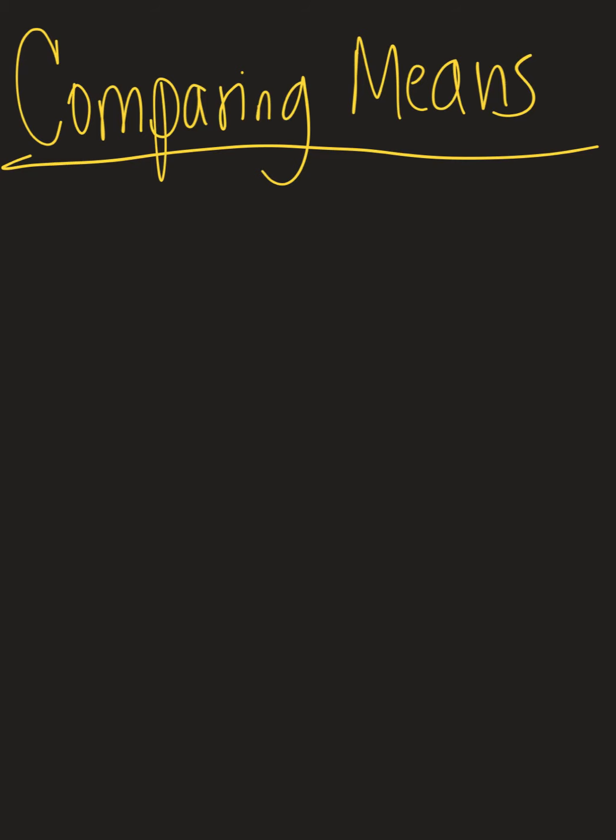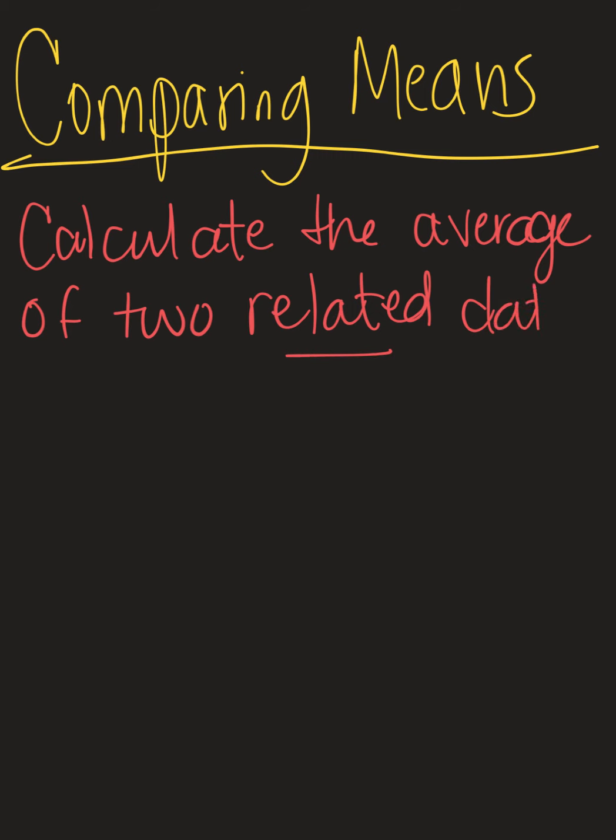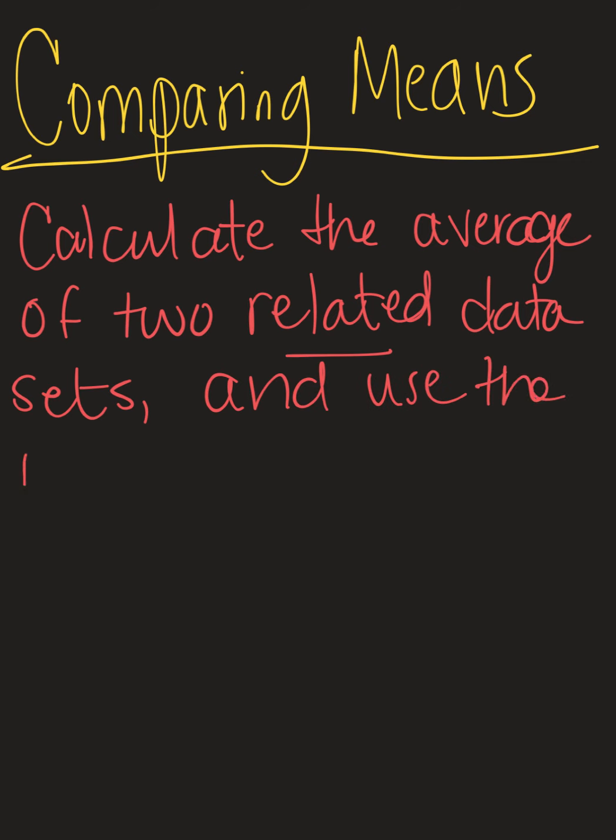In this video, we are talking about comparing means. What I mean by that is that we are going to calculate the average of two related data sets and use the info to make inferences.